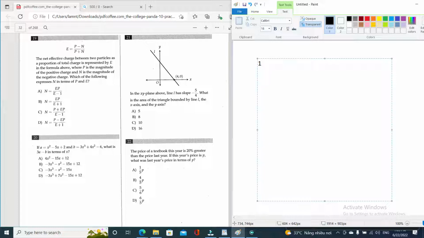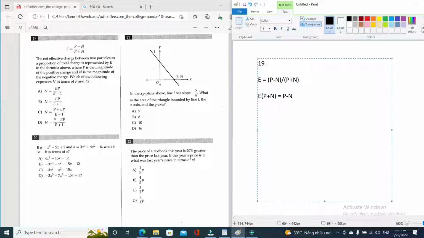So they want to get n from this equation. So first, E equal to P minus n over P plus n. So we're going to multiply both sides with P plus n. So E times P plus n is equal to P minus n.